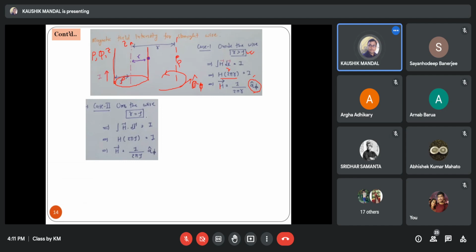So in that case, r equal to rho. So what will be H dot dl? H dot dl equal to I as per Ampere's law. Now integration of dl is nothing but 2 pi rho, because r equal to rho. So it becomes H equal to I by 2 pi rho into the corresponding unit vector phi.